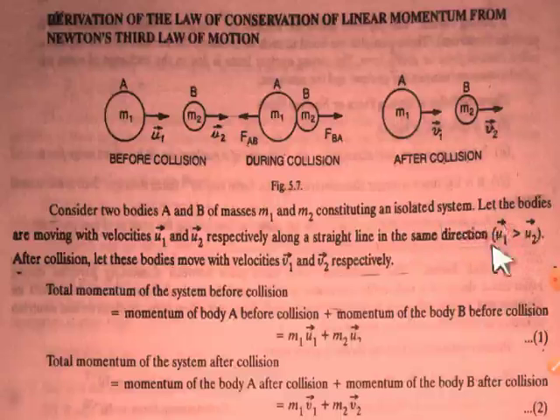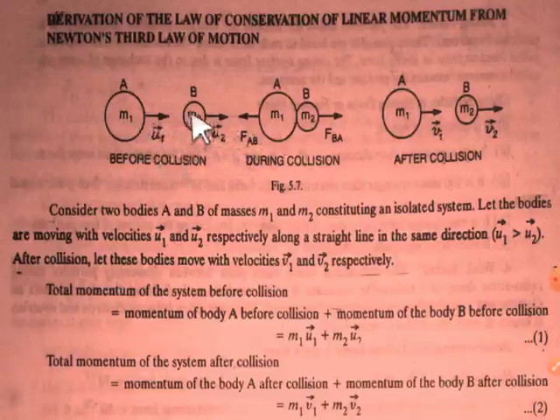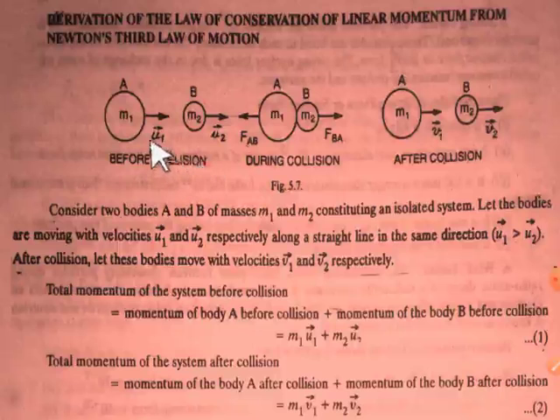As these two objects are moving along the same straight line in the same direction, let body A and body B collide somewhere after traveling some distance. In order to collide, the body which is moving behind must have more velocity than the forward body. Got it? So u1 must be greater than u2.